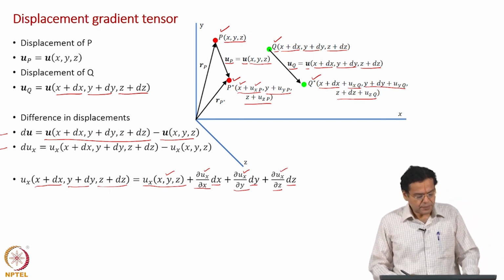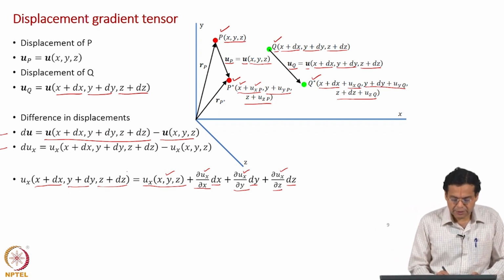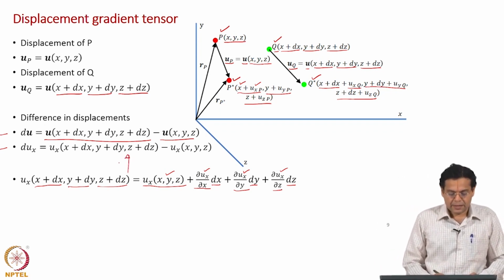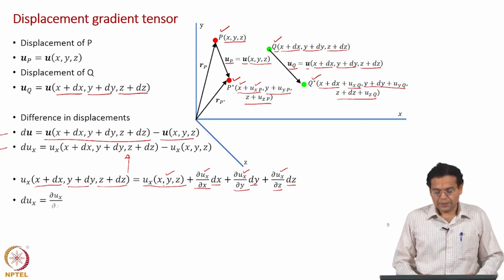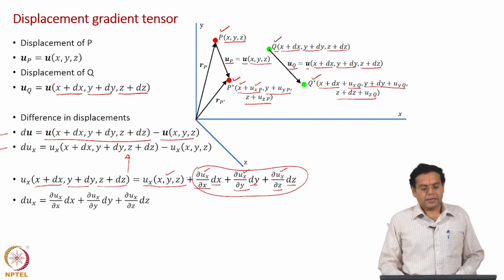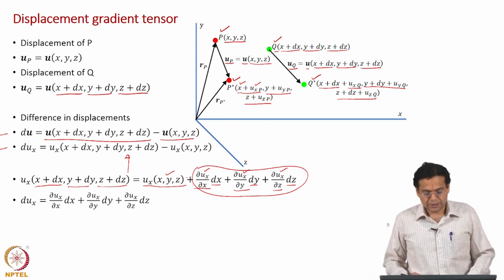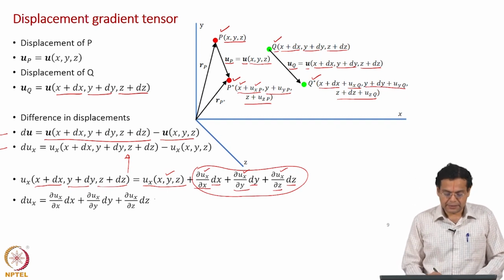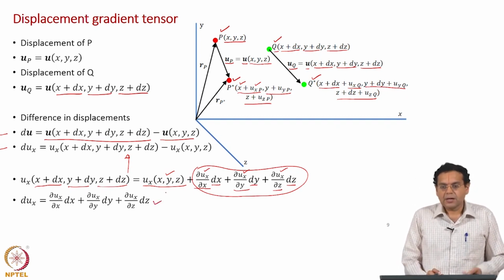Okay. Now, let us substitute this equation here, and what do we have? ux cancels out and only these derivatives remain. If you substitute in the earlier equation, ux cancels out and these 3 derivatives remain. Okay. What is the other way of looking at it? ux is a function of x y z and dux is the total derivative of ux.